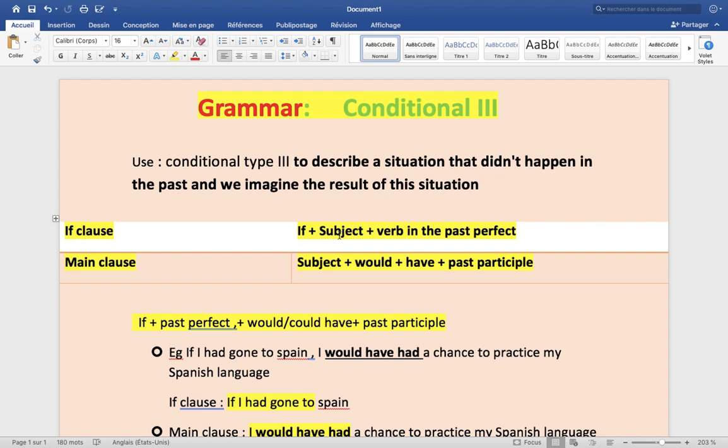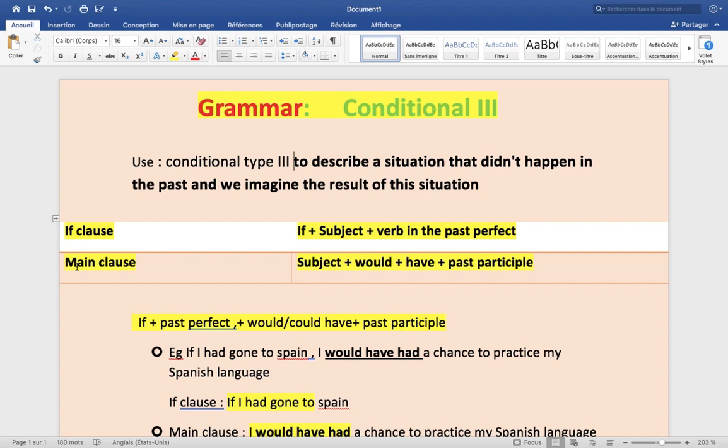If you still remember when we did the past perfect in the last video, I told you we are going to use the past perfect in conditional type 3. So this is the if clause, and it's followed by the main clause.